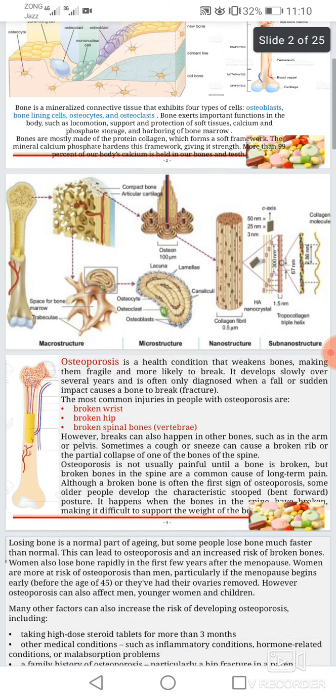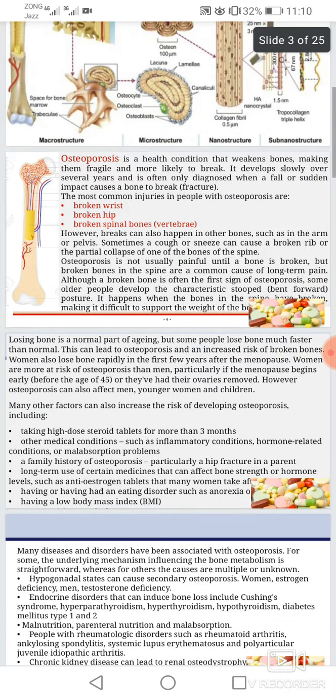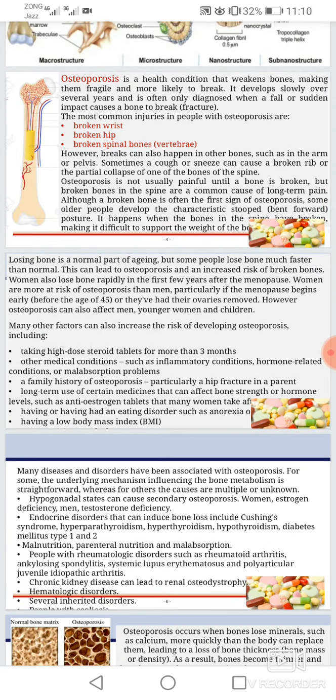So people with osteoporosis have some common injuries, such as a broken wrist, hip, and spinal bones. However, breaks can also happen in other bones such as in the arm or pelvis. Sometimes a cough or sneeze can cause a broken rib or the partial collapse of one of the bones of the spine.